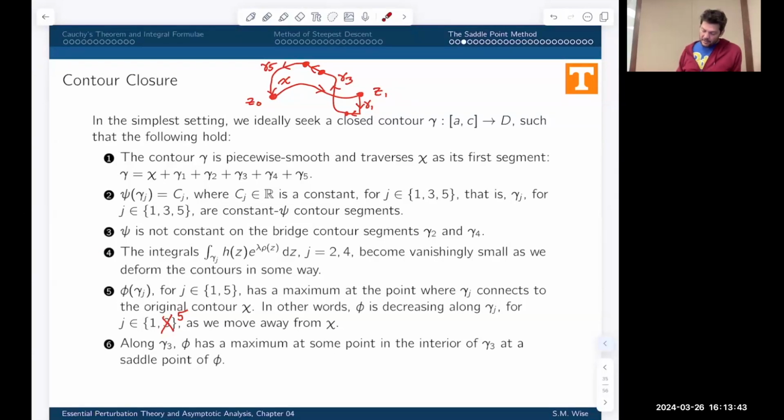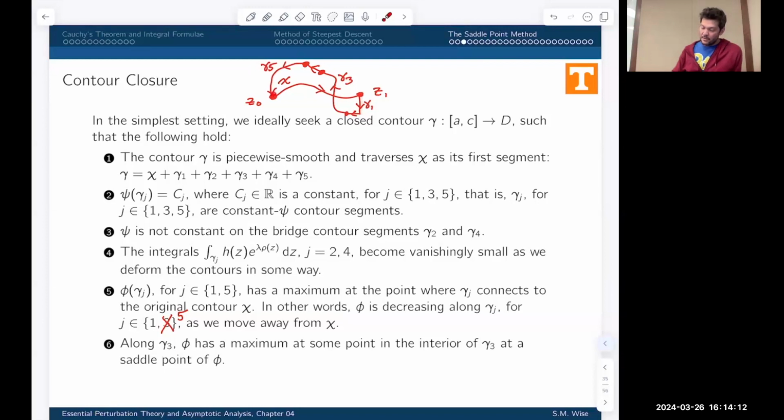The other point I want to mention is that phi on contour j, where j is equal to 1 and 5. This is a typo here in the notes, and I'll correct it in the slides. This should say j equals 1 and 5. So on these two contours, here and here, I want phi to be decreasing as I go away from the initial contour chi.